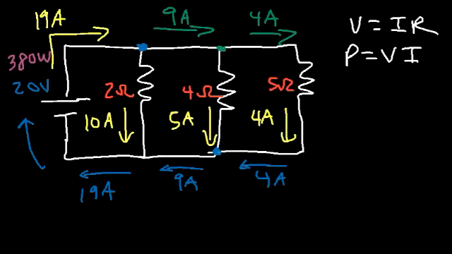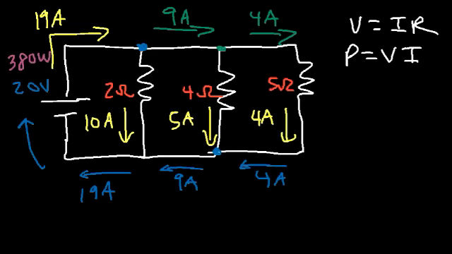Now what about the power absorbed by the 2 ohm resistor? So what we could do is simply use the same equation, P equals VI. So the voltage is 20 volts across it times the current of 10 amps that flow through it. So 20 times 10, that's 200.